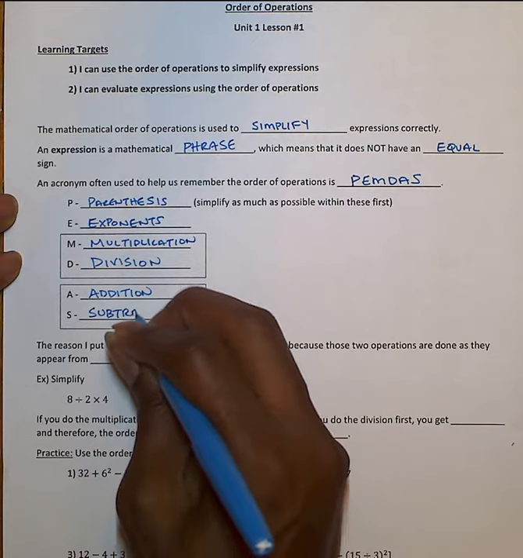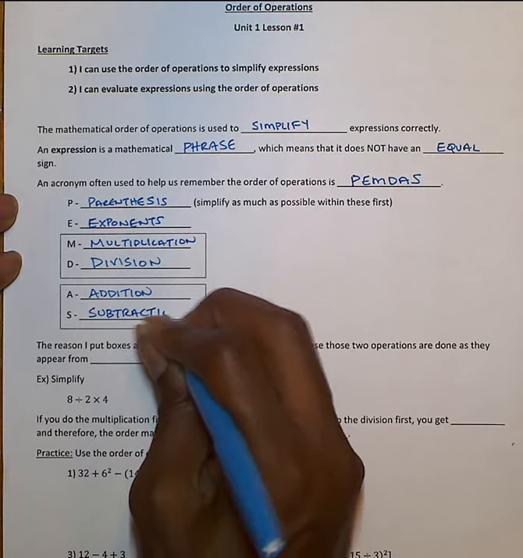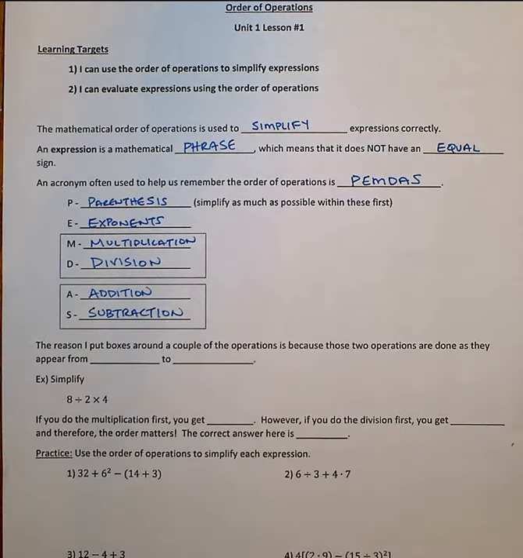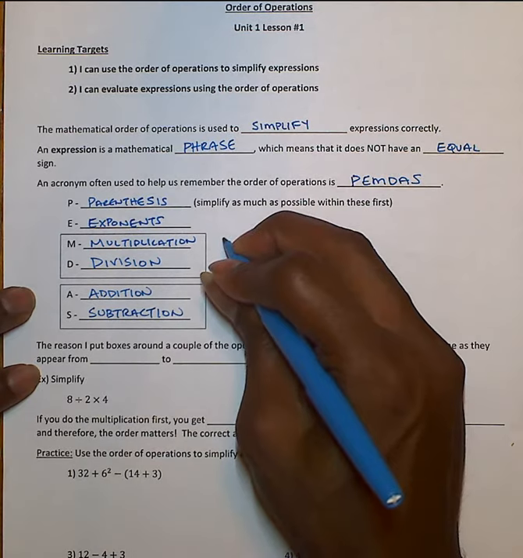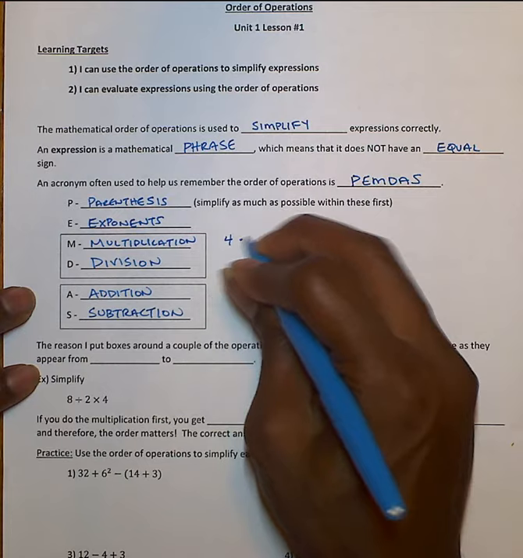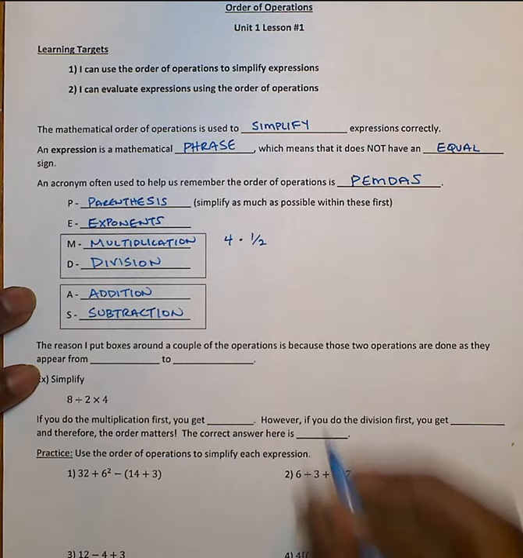You'll notice that we have M and D circled together and A and S circled together, because these are essentially the same things. If I multiply 4 times 1/2, the answer is 2.